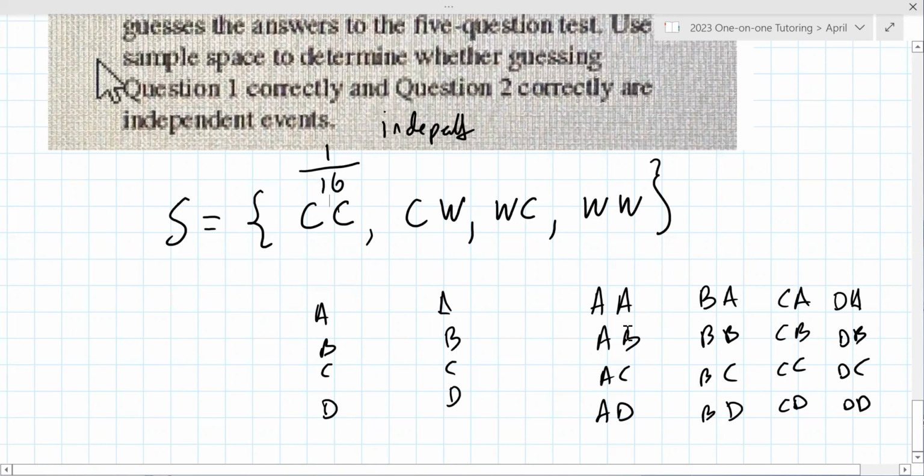There's only one sequence where you get both letters correct when you're guessing.